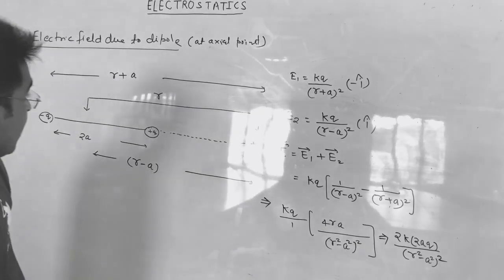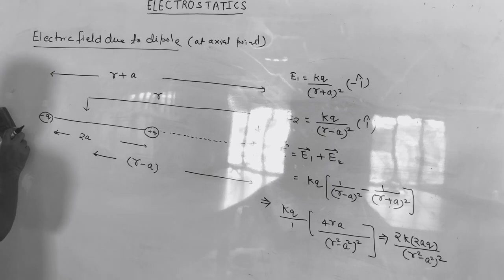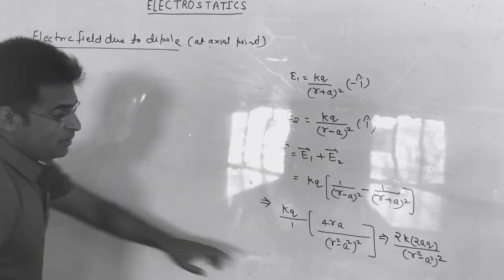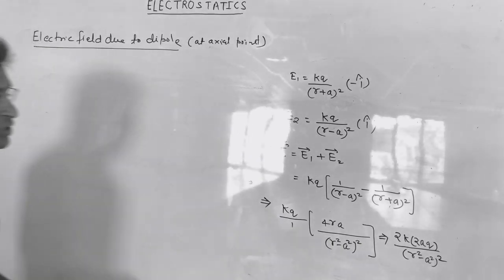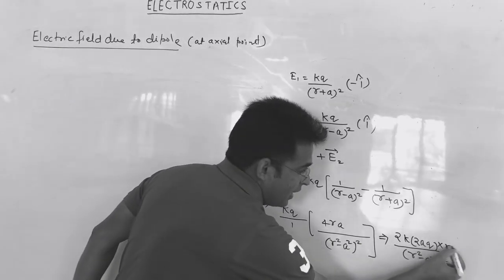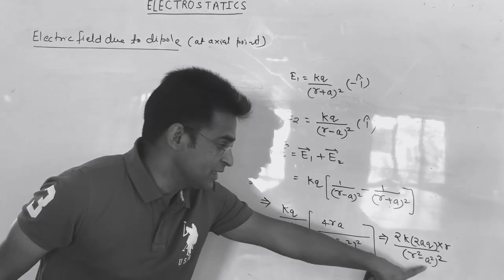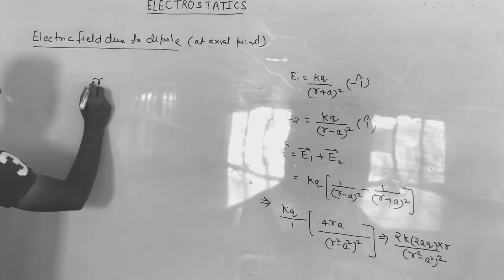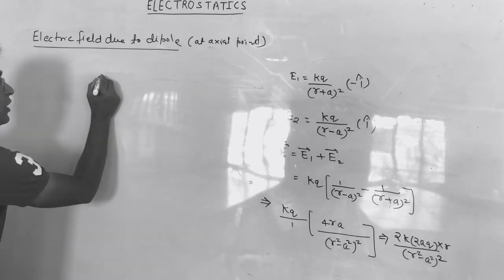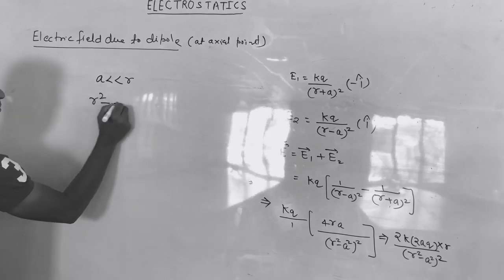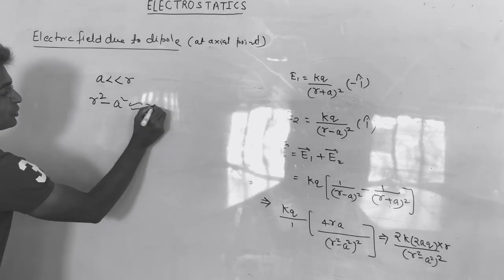Now R is greater than A, meaning A is very small in comparison to R. So R square minus A square is almost equal to R square.